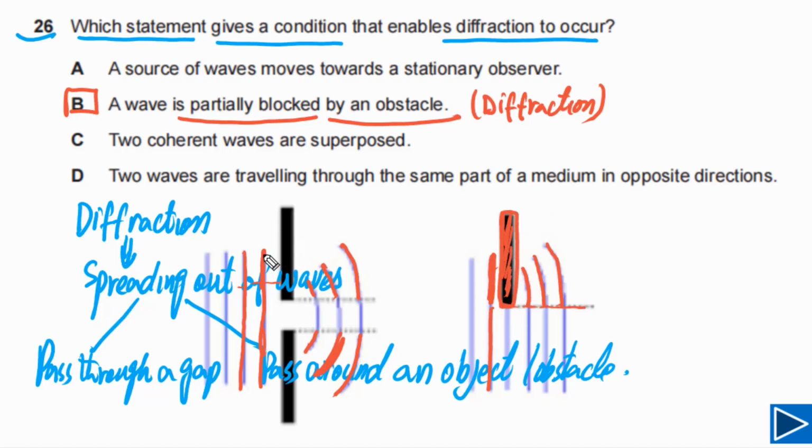You can see part of the wave is blocked, and the part which passes through this gap spreads out. The same is true here. The wave is partially blocked, and the part of the wave which passes around this obstacle spreads out, and it can reach behind the obstacle. So these are a few points we have to understand about diffraction. That's the reason our answer for this question is this.